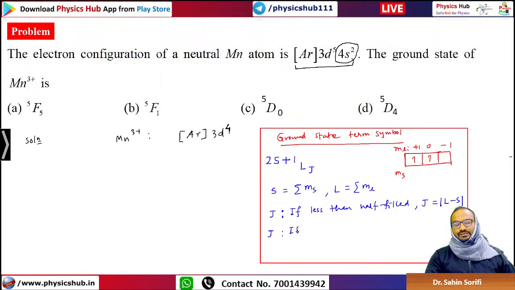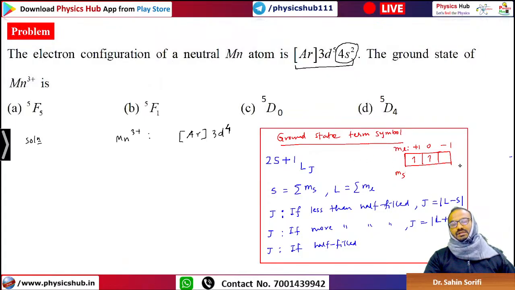And if it is more than half filled, then you will choose the value of J to be L plus S. Actually, this is derived from Hund's rule itself. And if it is half filled, then you can see the ml values will be plus 1, 0, minus 1.